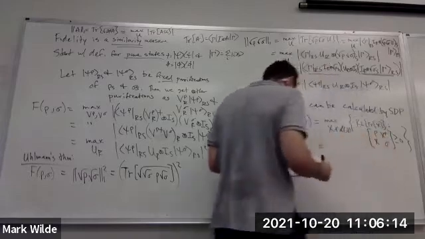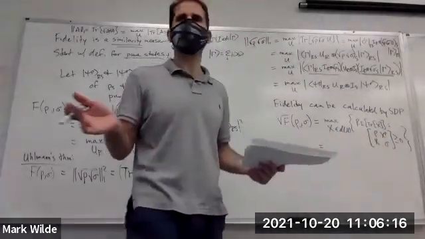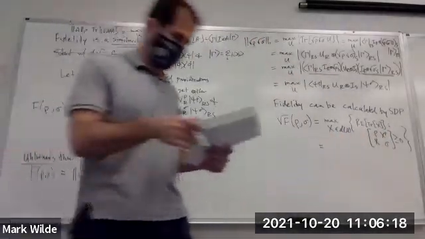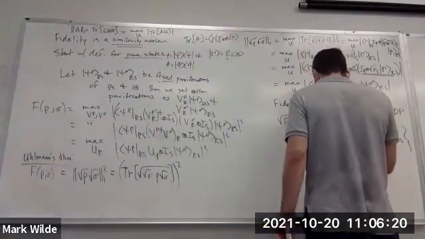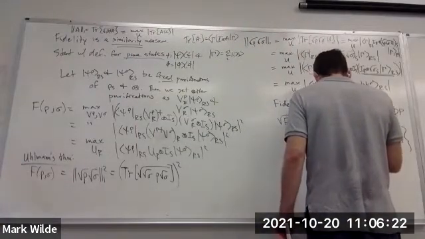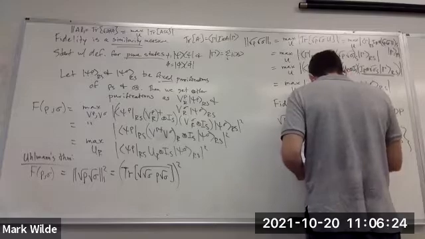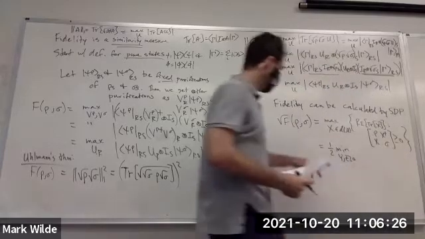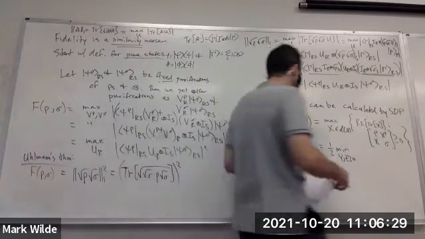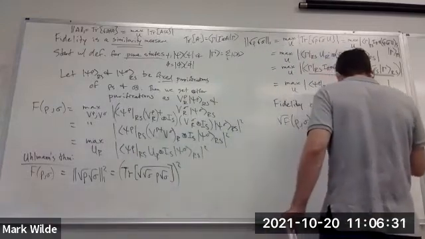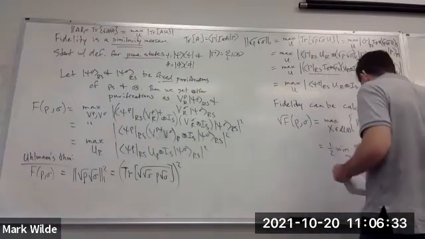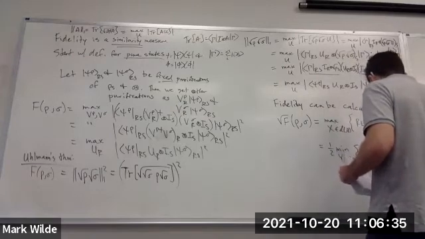It looks like the sum of expectations of observables. So you minimize over positive semidefinite Y and Z. The objective function is the sum of expectations of observables, trace Y rho plus trace Z sigma.